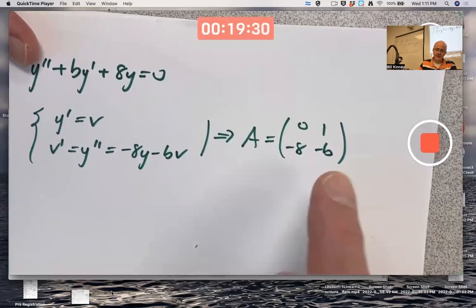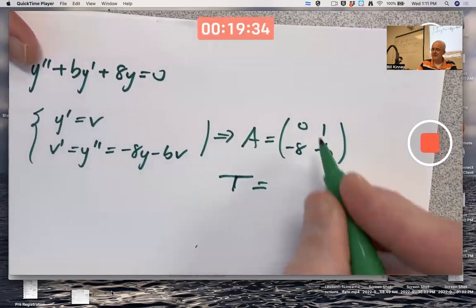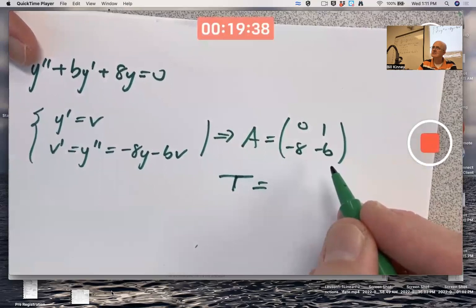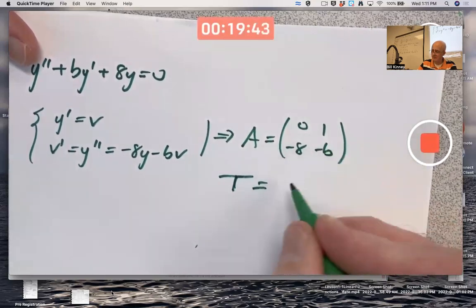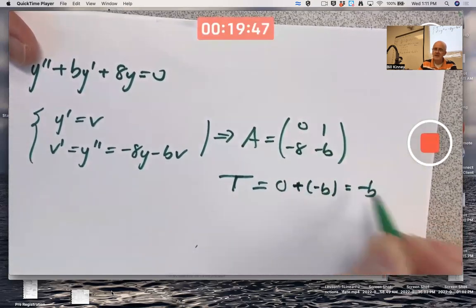The trace of a matrix, if you're up on your reading and lecture watching, is the sum of the numbers in the main diagonal. That's called the trace of a square matrix. The sum of the numbers in the main diagonal, 0 plus negative b in this case, which is negative b.